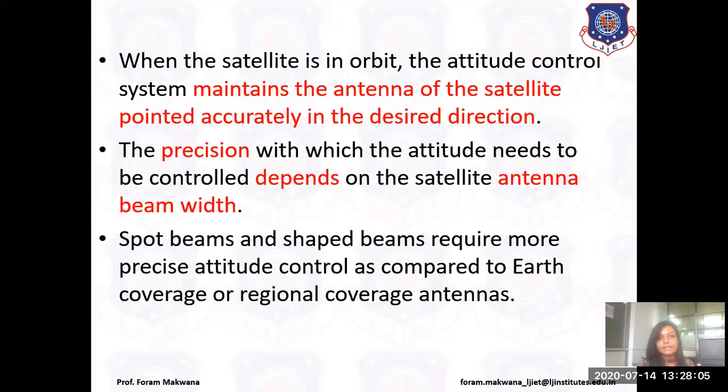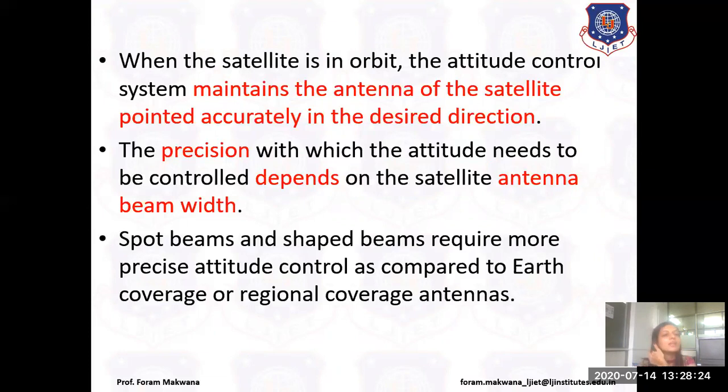So when the satellite is in the specific orbit, the attitude control system maintains the antenna of the satellite, which is pointed accurately into the desired direction. So the precision with which the attitude needs to be controlled depends on satellite antenna beam width.